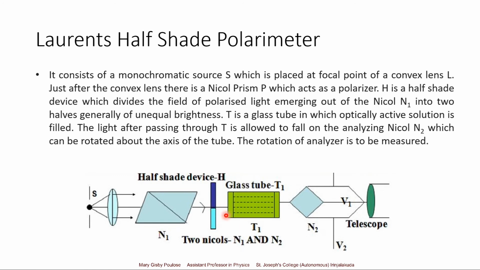After that, we have a glass tube in which we fill the liquid whose optical activity we have to study. And after the glass tube, we place the second Nicol prism. It acts as the analyzer. And after that, we use the telescope to view the light through these. Here the rotation of this analyzer will be measured.